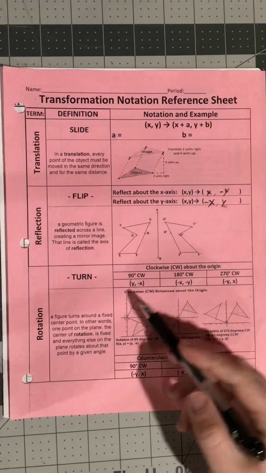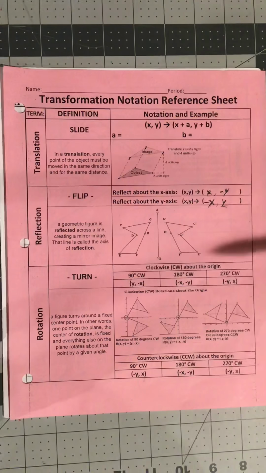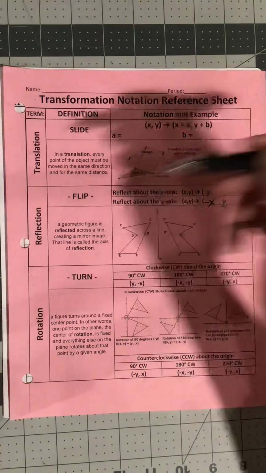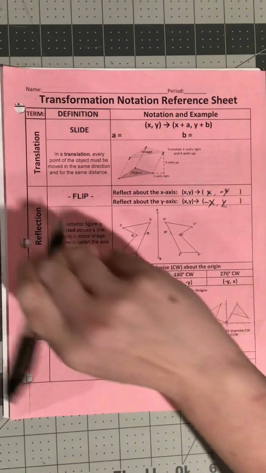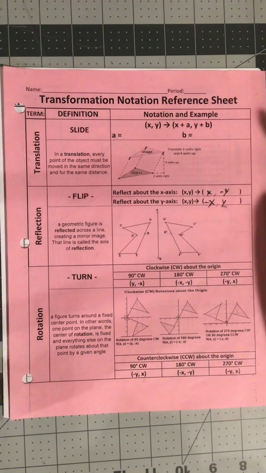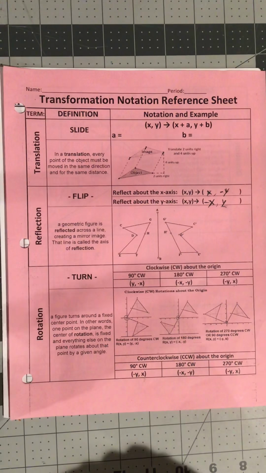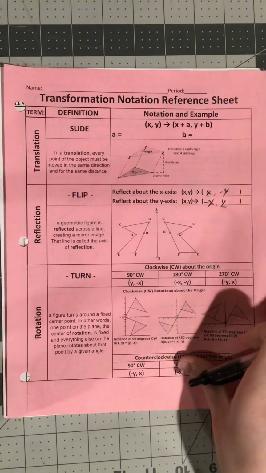Going clockwise, whatever y coordinate you have will move out front. It becomes your new x coordinate, and the x coordinate will go in the back and change signs. That is a 90 degree turn about the origin.